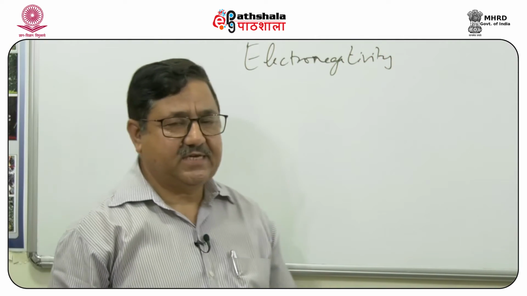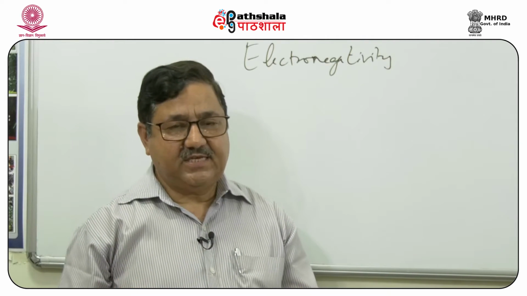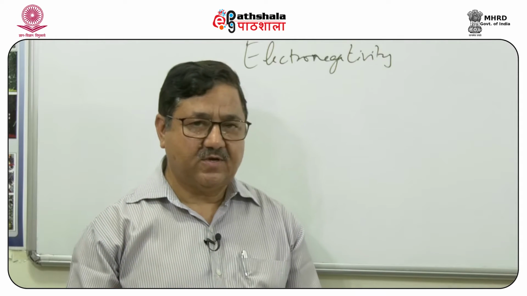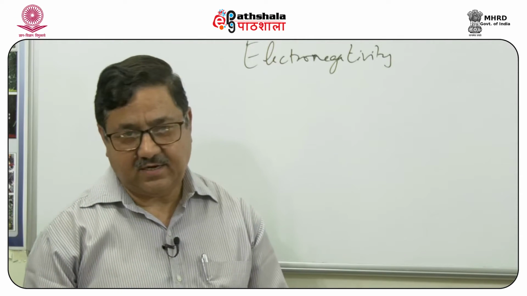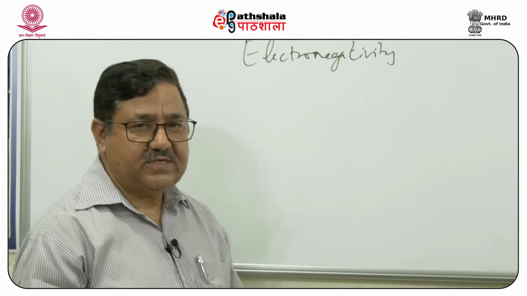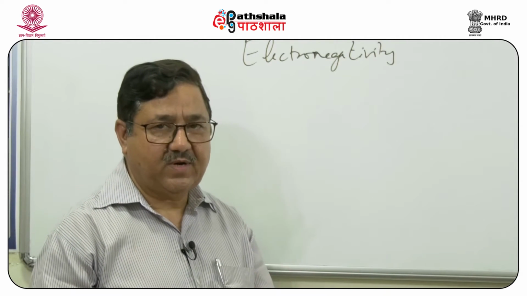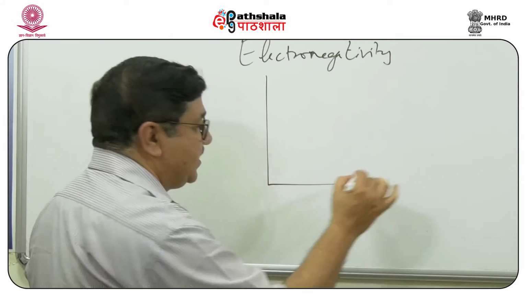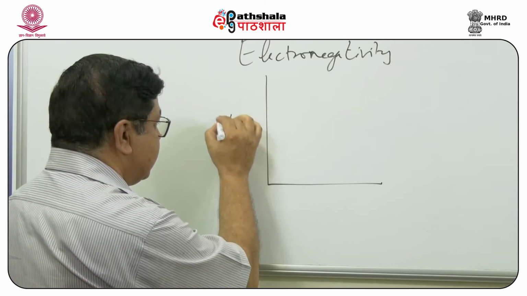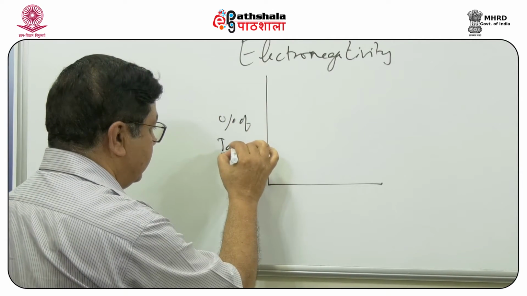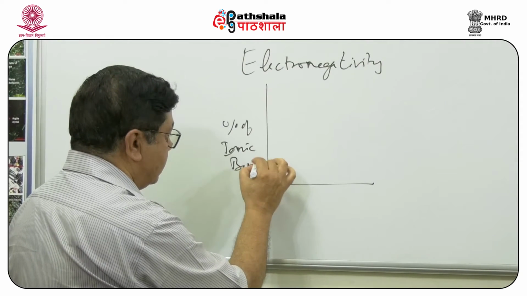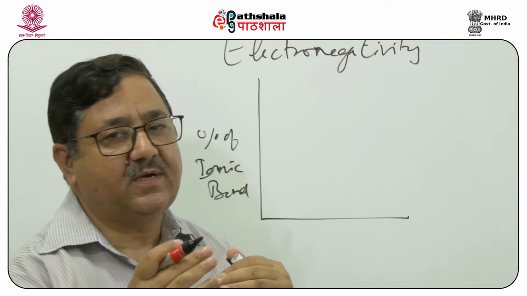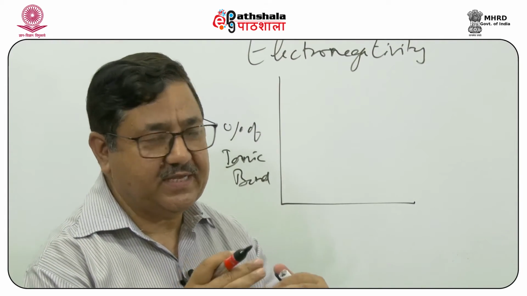This property is basically the capacity or the nature of an atom either to accept or to donate an electron. How the electronegativity controls the nature of bond can be seen in this diagram, where the vertical axis is the percent of ionic bond and the horizontal axis is the difference of the electronegativity of the elements which are joined together as bond.